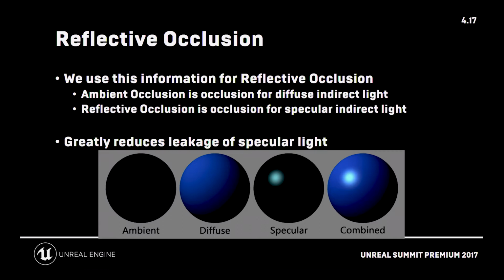It sometimes has quite a high brightness compared to the diffuse in some locations. So if we can make use of this, we can greatly reduce the leakage of specular light.